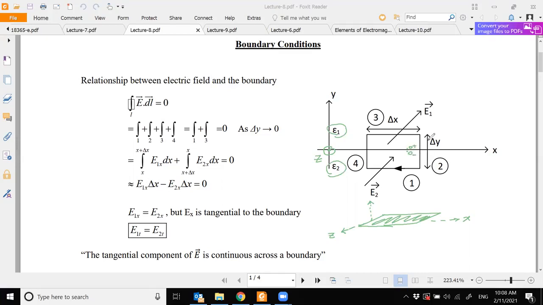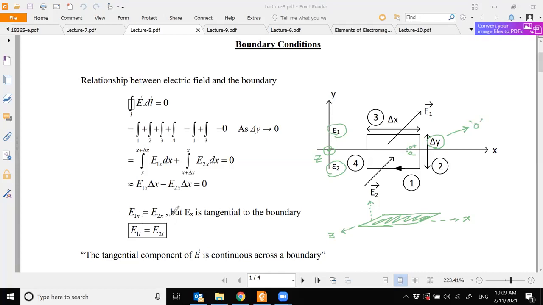That's why we took delta y and made delta y go to 0. That means we are reducing the height, and because of this, 2 integrals vanished, integral 2 and integral 4, they both vanished. And then we end up saying that E1x is equal to E2x.